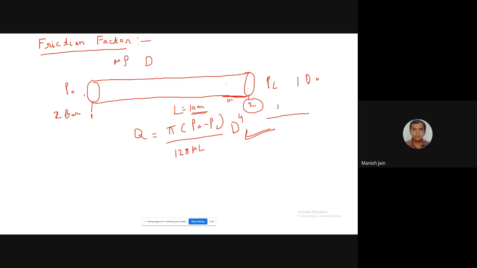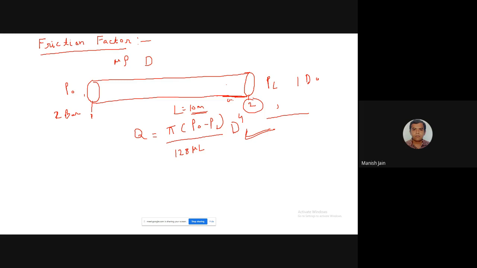If there is no friction loss, then the fluid will flow without any resistance. It will automatically flow from point 1 to point 2, because both points have the same elevation and the same potential energy. But due to the friction of the solid pipeline surface, you have friction losses.